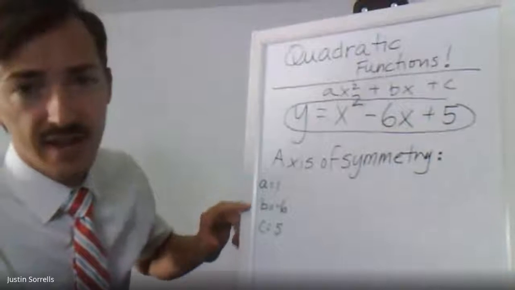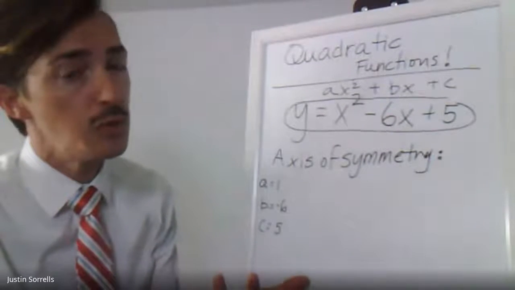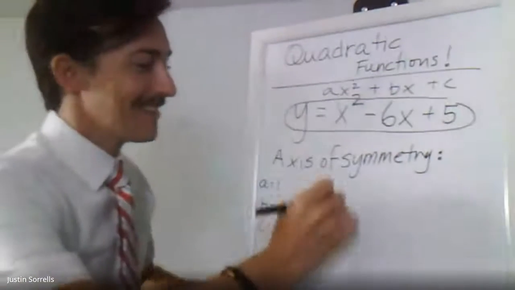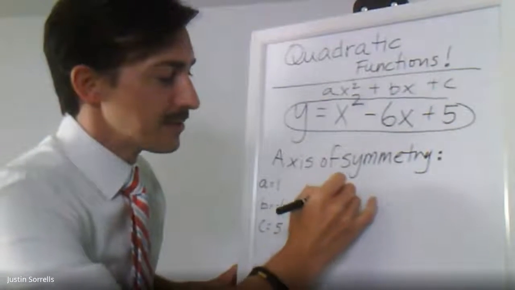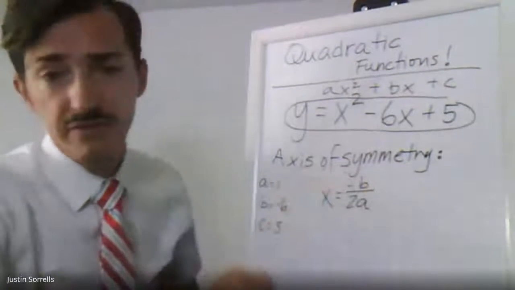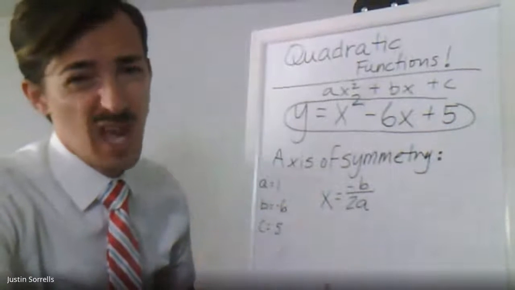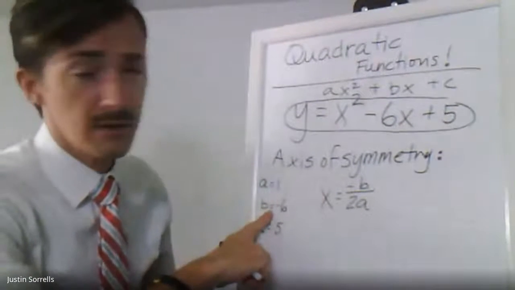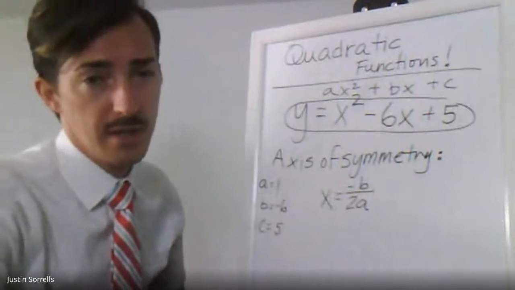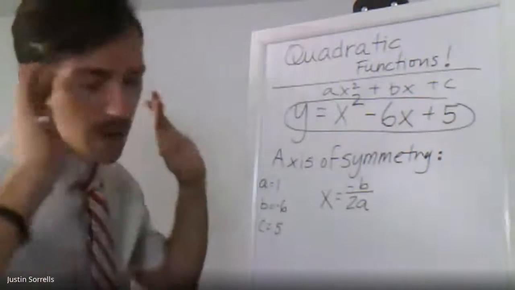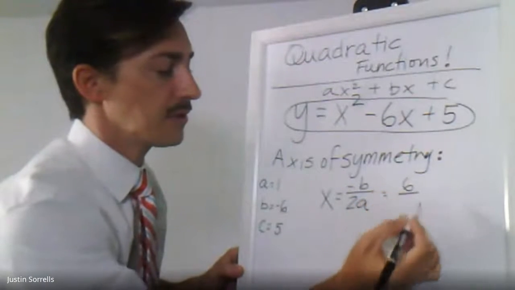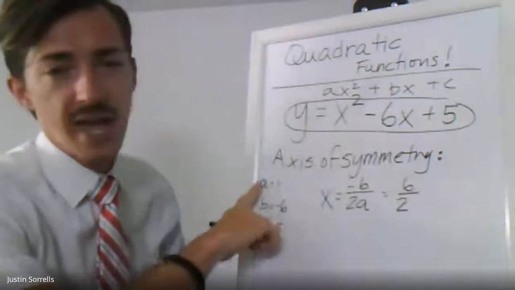So now that we've identified these 3 values, which we should have been able to do from before we left to be on our break, let's use those 3 values to substitute into negative b over 2a. Now this negative in front of my b term just means we use the opposite sign. Here, my b is already negative, so when I substitute it into the formula, it's going to become positive. So it equals 6 over 2 times my a value.